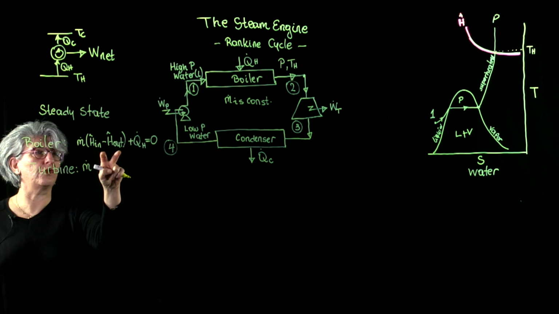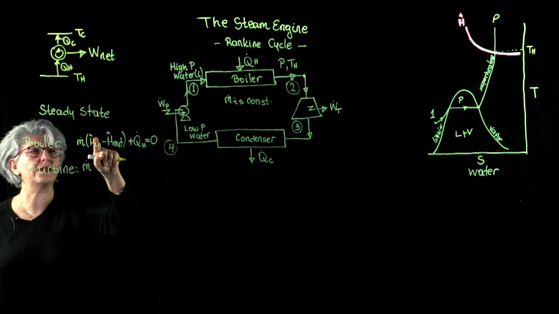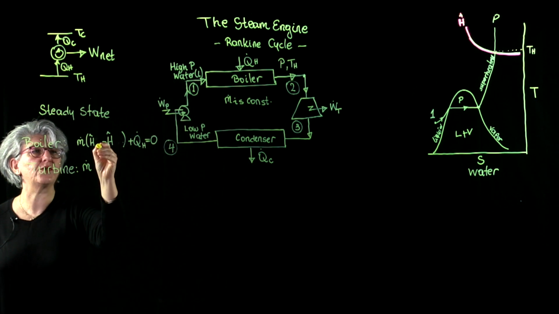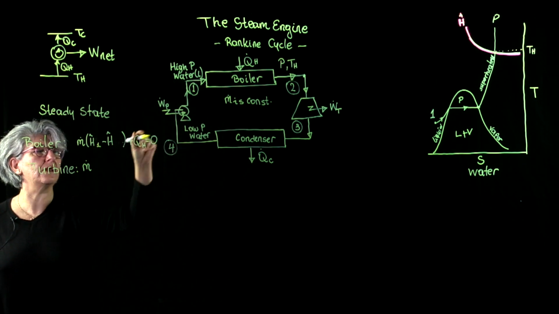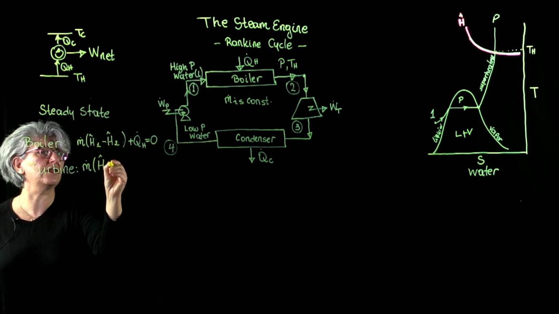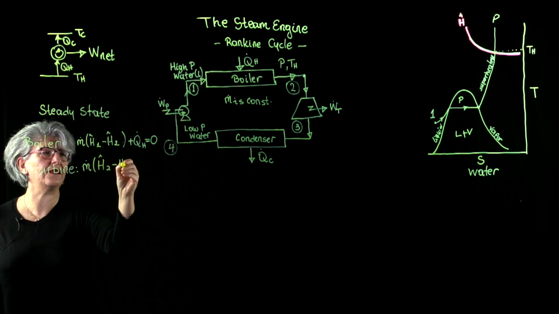I am going to also use the indexes as the state numbering. So instead of in and out, I will say 1, 2, 3, 4. The inlet to the boiler is H1 and the outlet of the boiler is H2. Now for the turbine, at the inlet, my enthalpy is H2, and at the outlet, my enthalpy is H3.